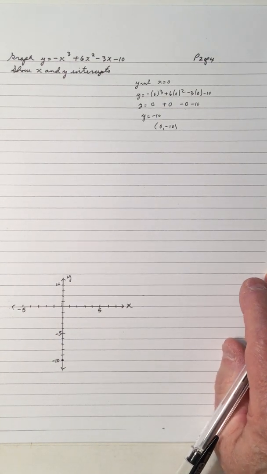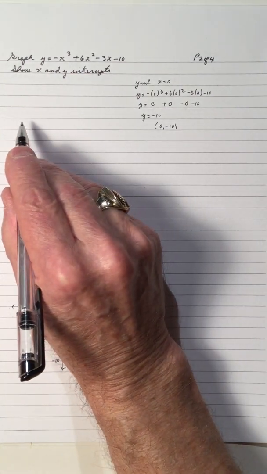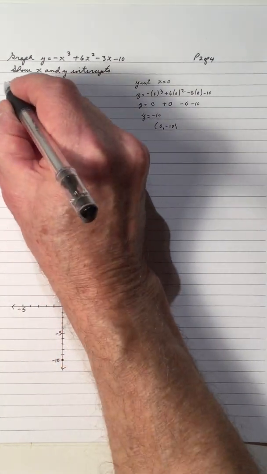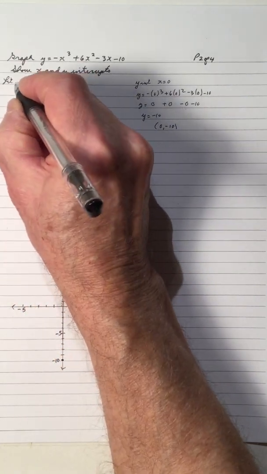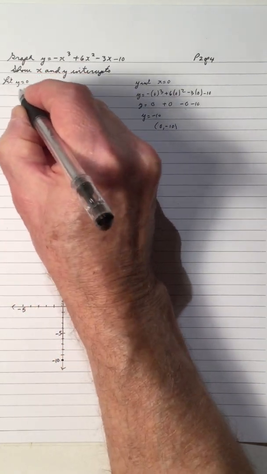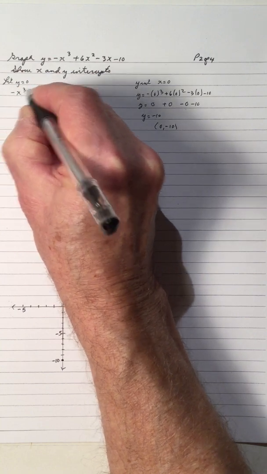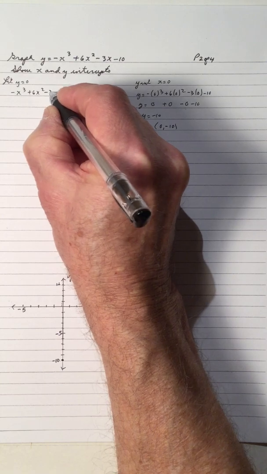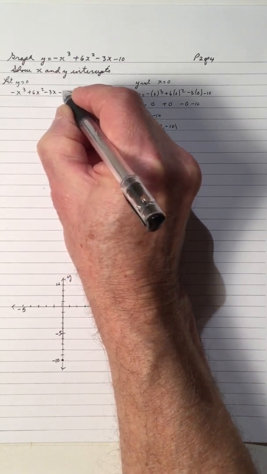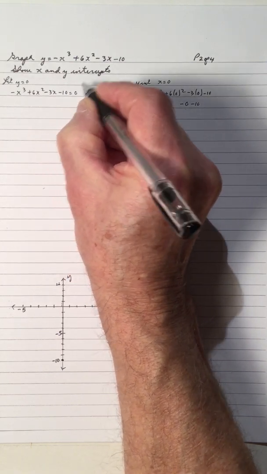Okay, now let's find the x-intercepts. What we're going to do now is let y equal 0. So we get negative x cubed plus 6x squared minus 3x minus 10 equals 0.